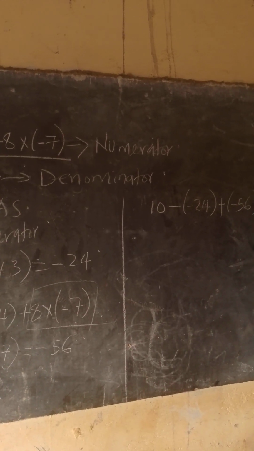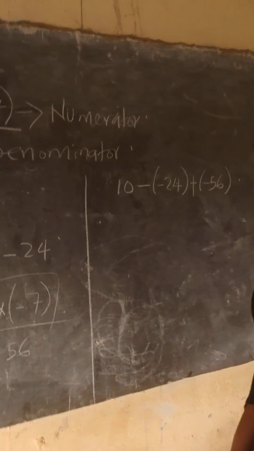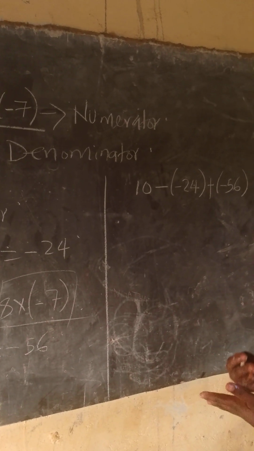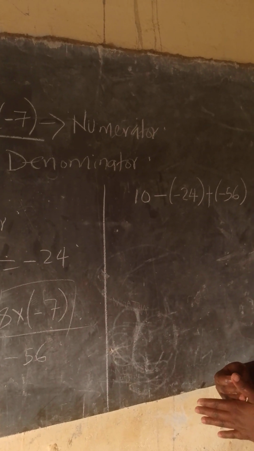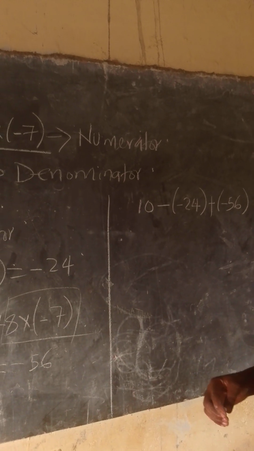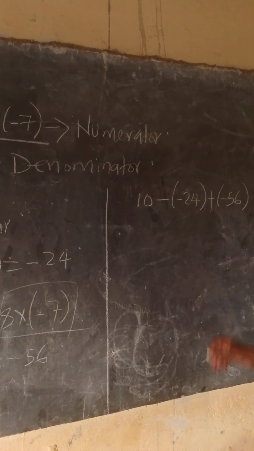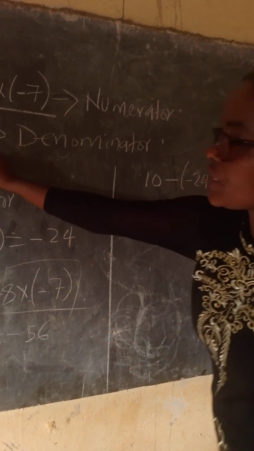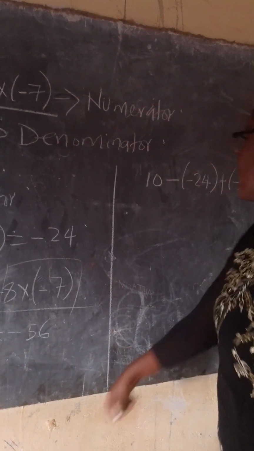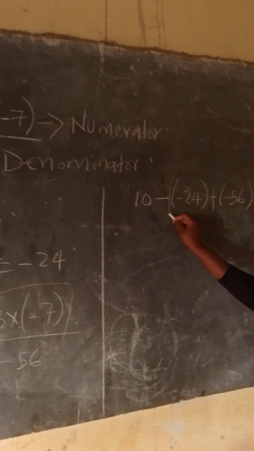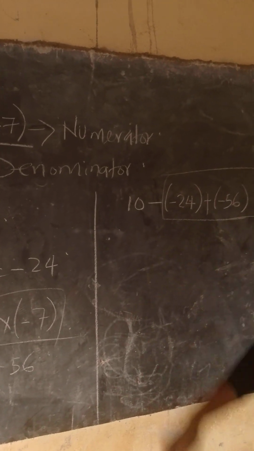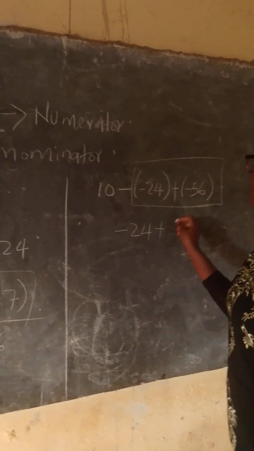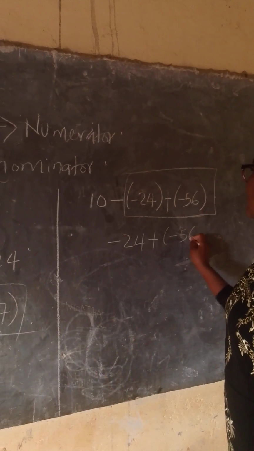Let us obey the signs, because mostly in subtraction to do with integers, it's all about the signs. The questions might look very simple, but the trick here is about the signs. From multiplication we go to addition, which is negative 24 plus negative 56.